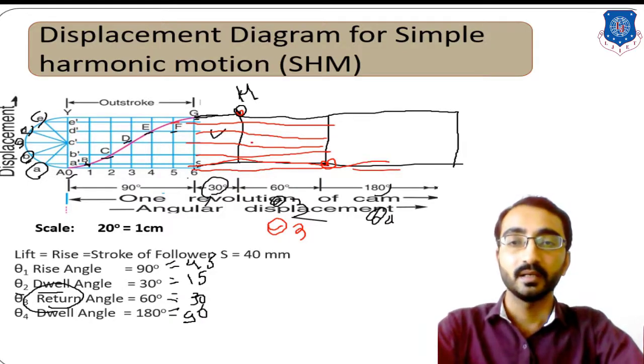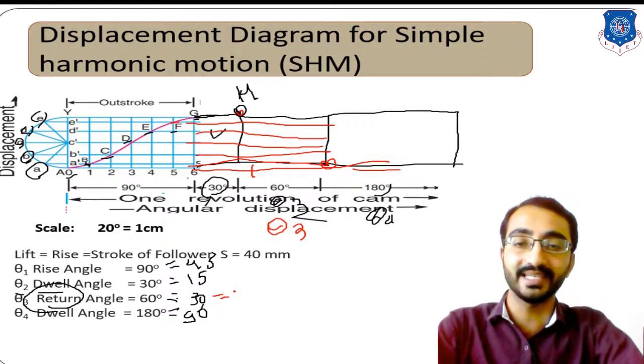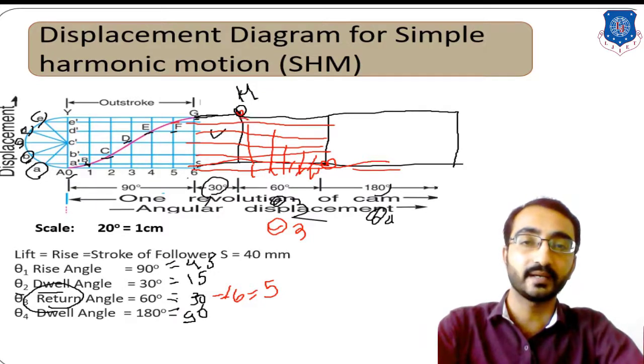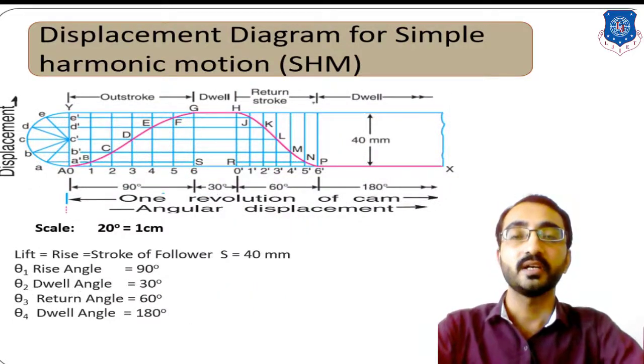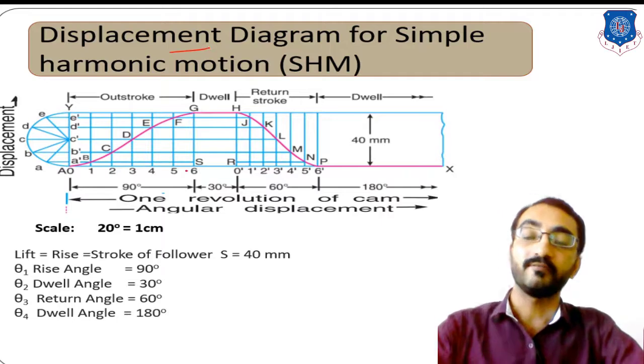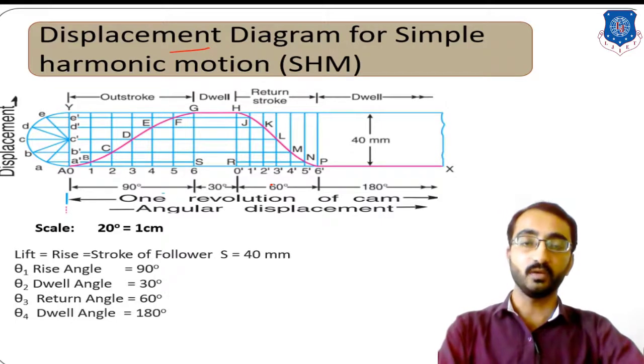Then by dividing this 60 degrees, or we can say the 30 mm, into 6 equal intervals of 5 mm, this will give you the rest of the 6 divisions, and by extending them in the vertical direction you will get a curve like this. In this way we can plot the simple harmonic motion displacement diagram for follower motion.